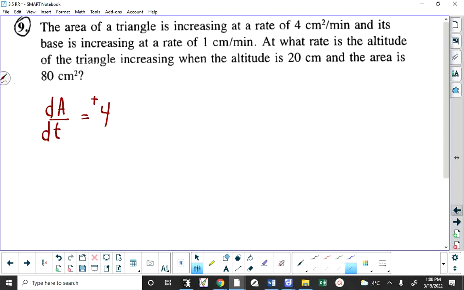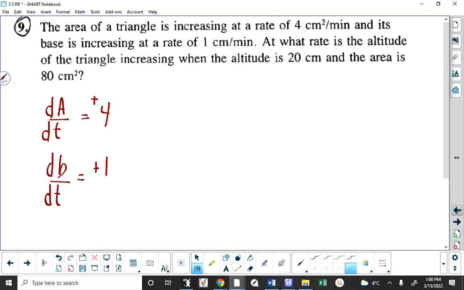And this is what I mean by being very careful on assuming it's positive. Because if the word said decreasing and you don't see a negative somewhere, you would know it's negative. But since it's increasing, it's positive 4. And the base is increasing at a rate of 1 centimeter per minute.